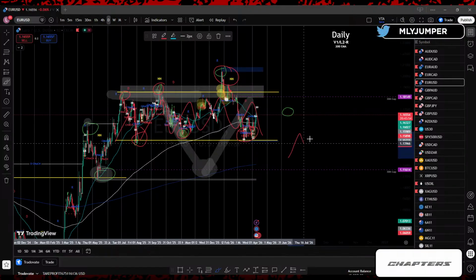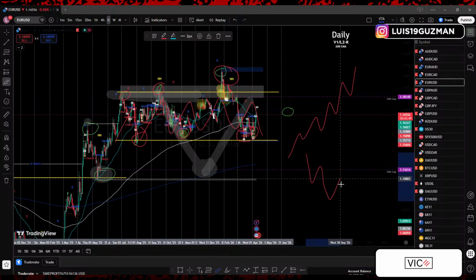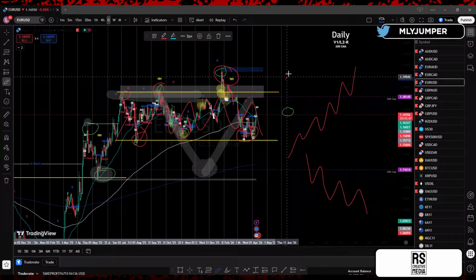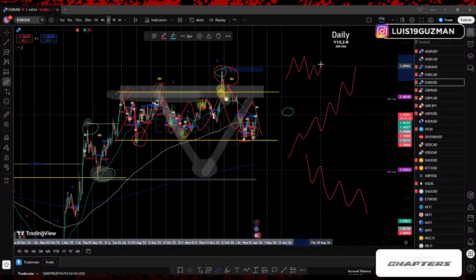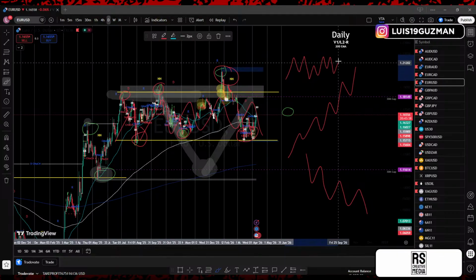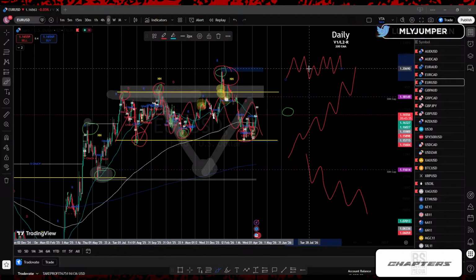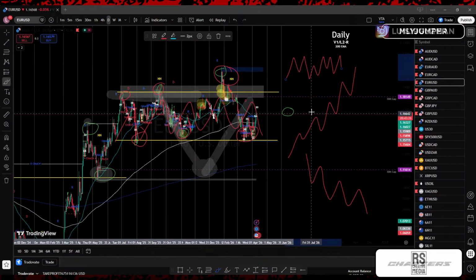A trend is higher high, higher low, higher high, higher low, or lower low, lower high, lower low, lower high, lower low. A trend isn't higher high, higher low, lower high, lower low, lower high, higher low, higher high, lower low. In a zone of consolidation, you're always going to see the market giving you higher highs, lower lows, but it's not a trend, right? You see what I'm saying?